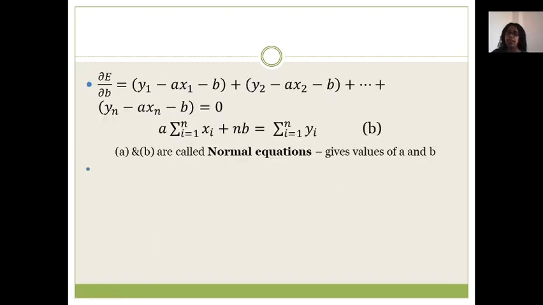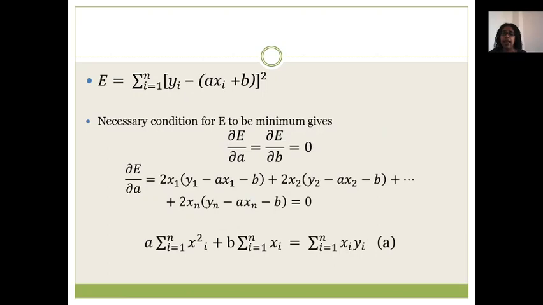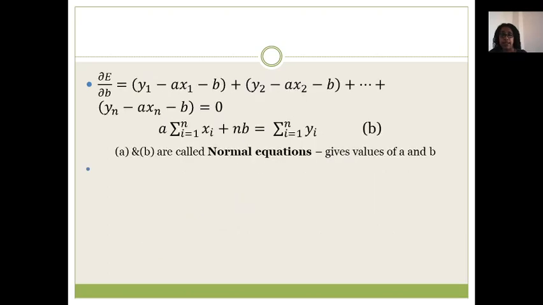Let's move further. Do the second part, ∂E/∂b, and that can also be generalized as a times the sum of xi plus nb is equal to the sum from i equal to 1 to n of yi. That is equation B. Do it yourself, make sure you are getting the equations A on the last slide and B on the next slide.